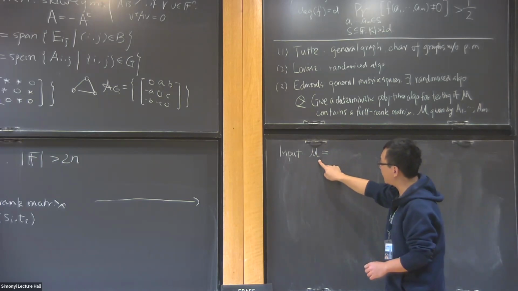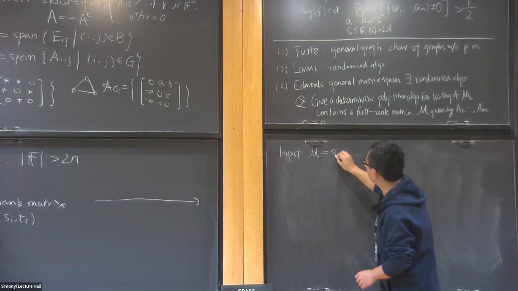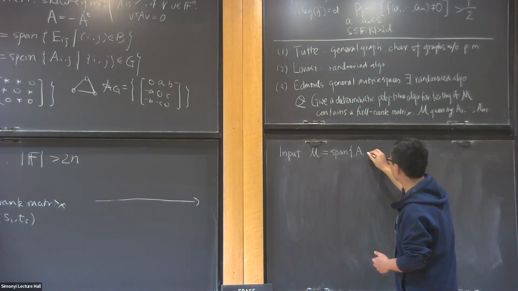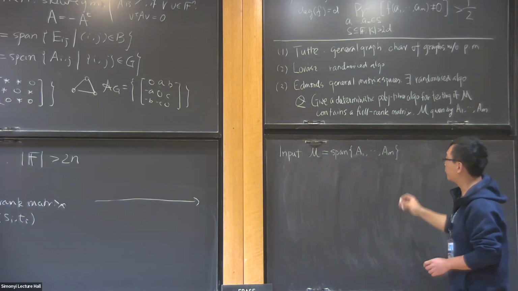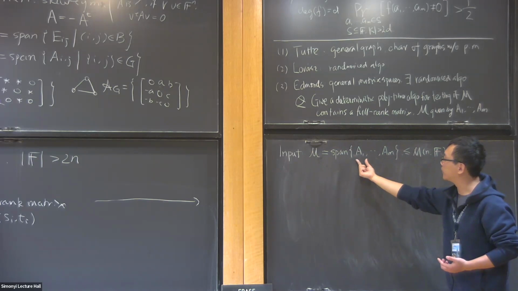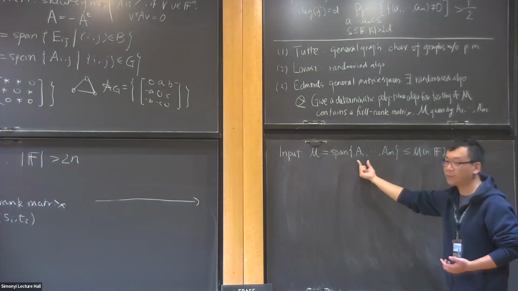So M is a matrix space given to us by a linear basis, A1 through AM, which is a subspace of F. But from the algorithm viewpoint, we are just looking at these M, N by N matrices.